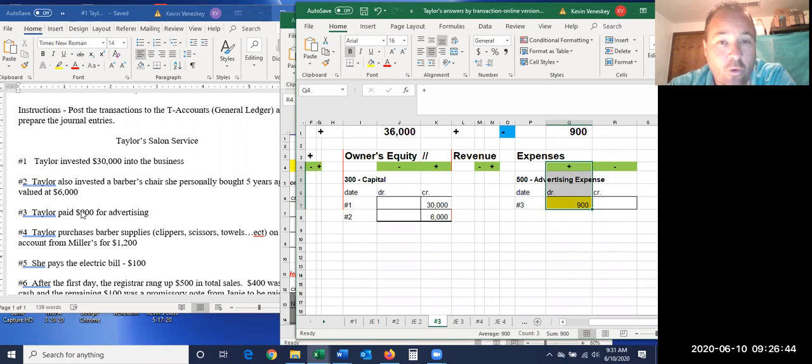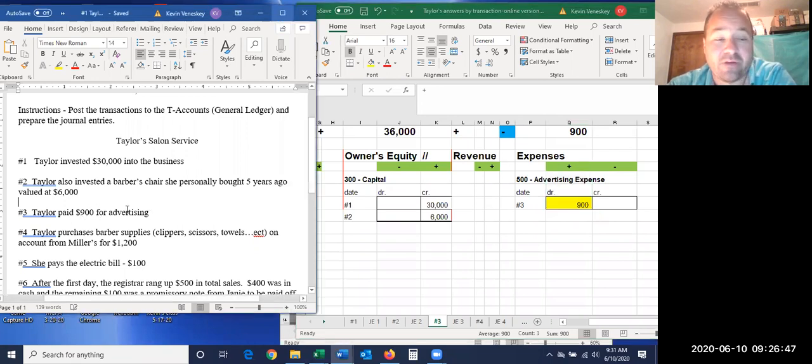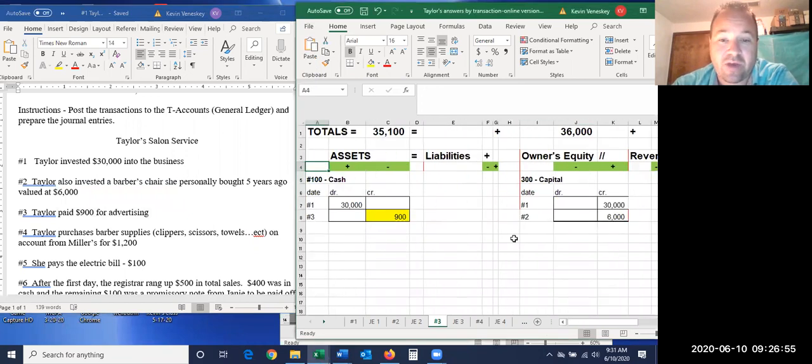And then I ask, how did I get the benefit of the advertising? What did I have to do? Well, I had to pay money. It says I paid $900. So if I paid money, we come over here to cash. We don't have $30,000 in our bank account anymore because I just wrote a check for $900. So our bank account decreased by $900.